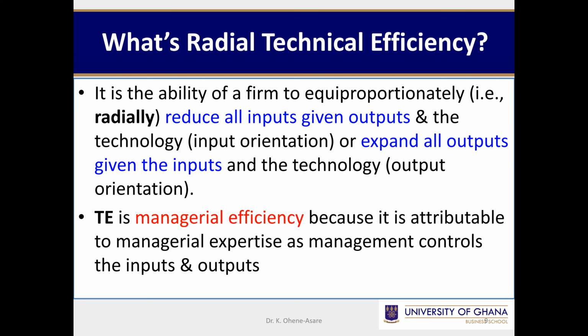So that is technical efficiency. Why is it managerial efficiency? It's managerial because it is attributed to management's expertise. Management are those that control the inputs and outputs. They pay the workers, they control the inputs and outputs. So this technical efficiency is sometimes called managerial efficiency, so that the people who are in the industries will understand.